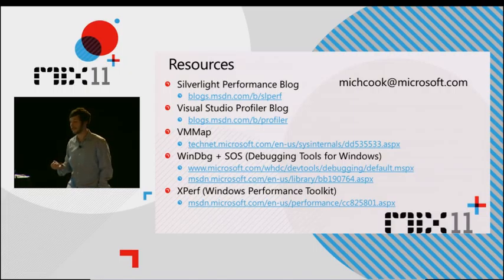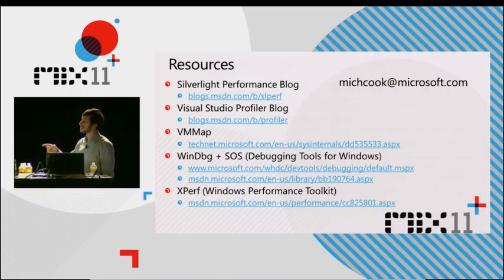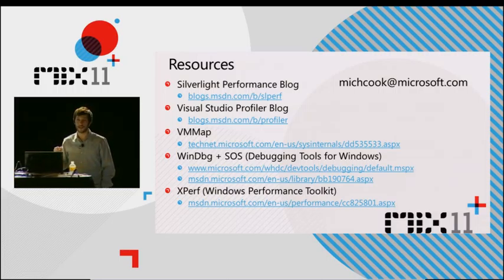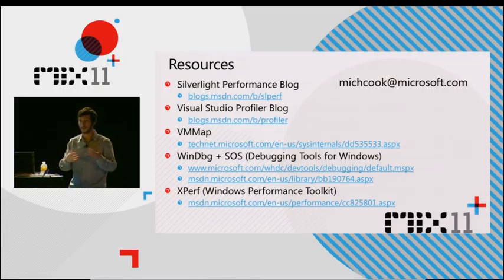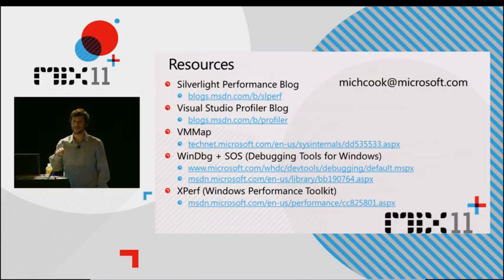One of them is called Silverlight Spy, and it's not linked to in my slide here at the end, but if you go to the Silverlight Performance blog, I think we have a link to Silverlight Performance Spy. I don't know if you've used the WPF performance tools at all, but basically what it gives you is a real-time rendition of your visual tree that you can step through for each particular element. So you could go to a button, and you could see all of the elements within that button, and you can actually muck around with the properties to try things out.